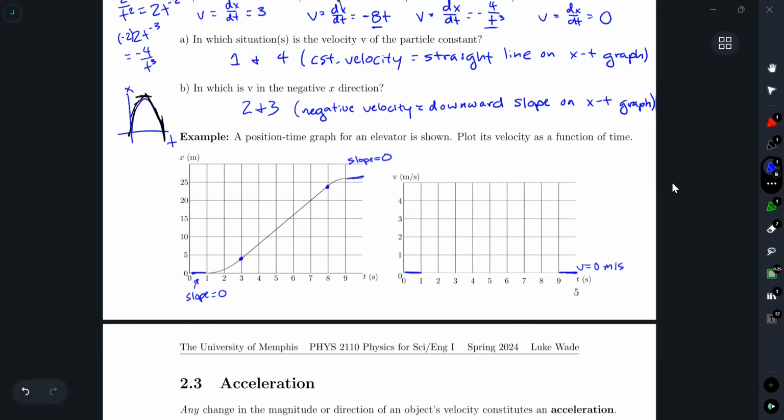So I'll tell you, it's about 4 meters here and about 24 up here. Okay, so how can I find the value of that velocity from 3 to 8 seconds?